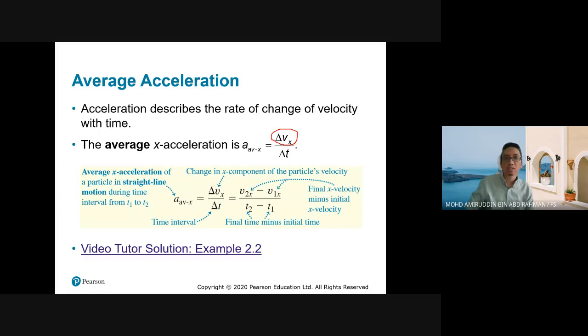Before this, it was delta x. Now we find the delta velocity, the change of velocity from point 1 to point 2 over the time. So this is the graph, and this is the equation. So let's look at the video over here.